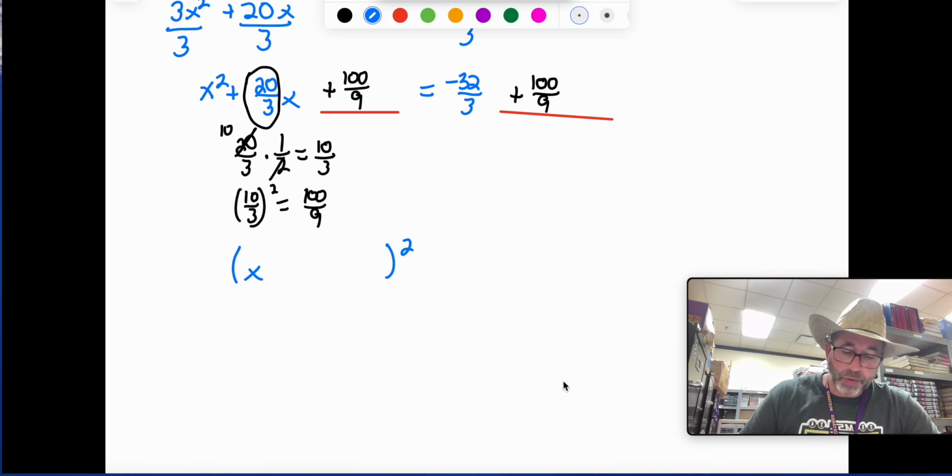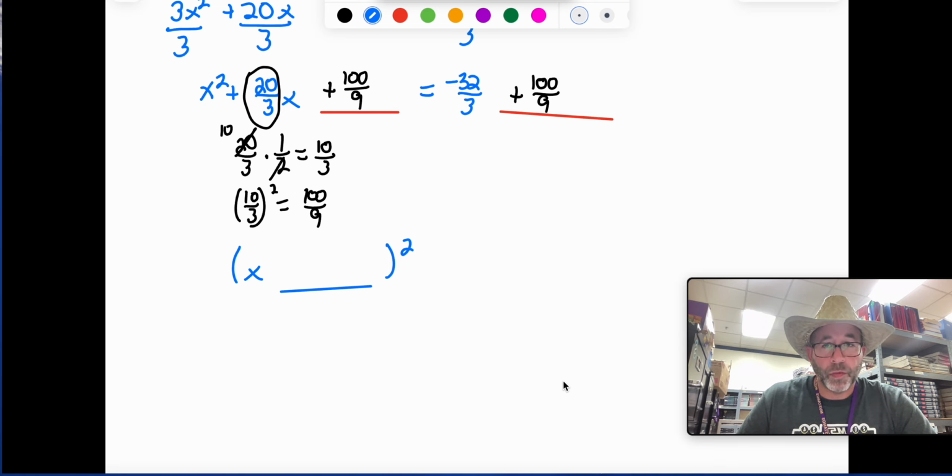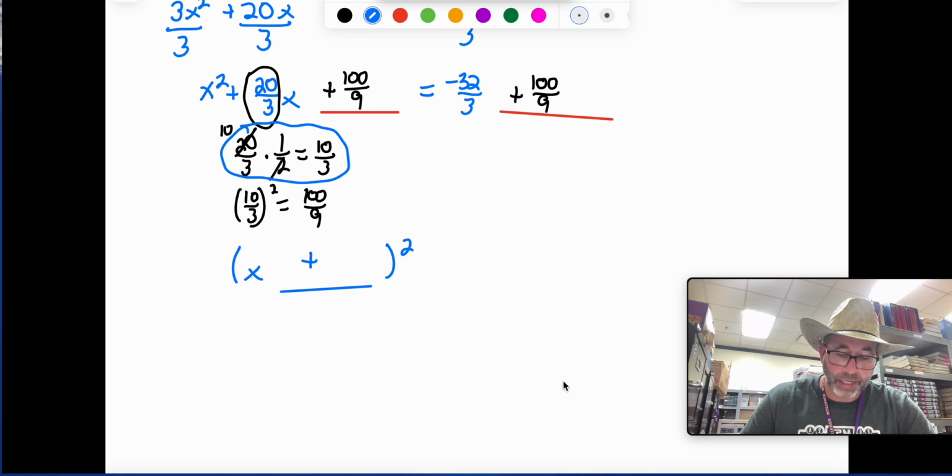Now that we have a perfect square trinomial on the left side there, let's go ahead and put in the value that's going to go inside of my squared quantity there. And it's always going to be half of that middle term, or the square root of the last term. So half of it, which is right here, is 10/3. So we're going to add 10/3.